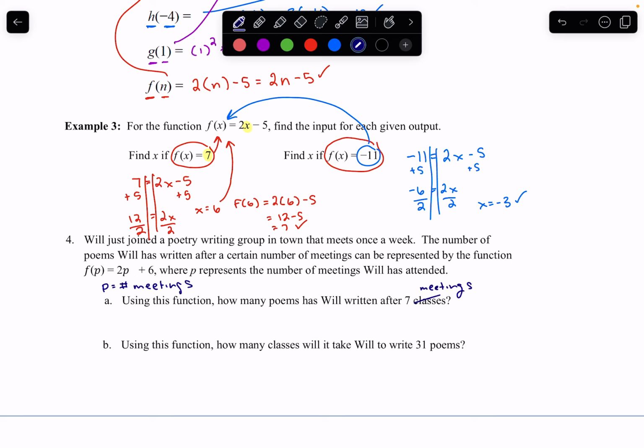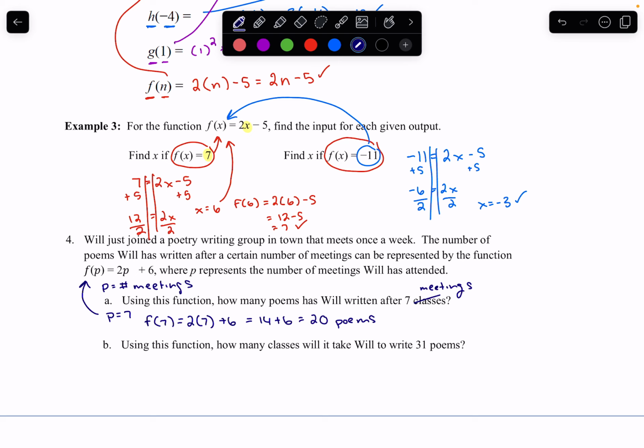So I know that in this case, P equals 7. So I can plug that into my function. F of 7 equals 2 times 7 plus 6, which equals 14 plus 6, which equals 20. So Will has written 20 poems after 7 class meetings.